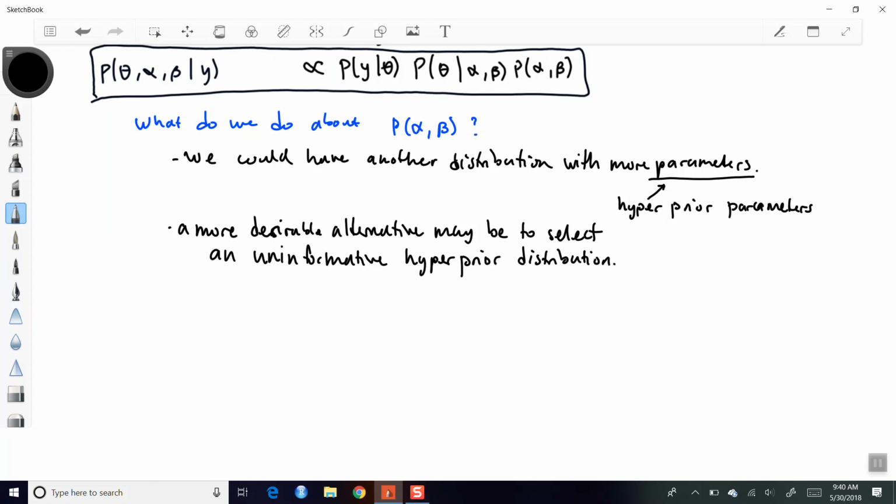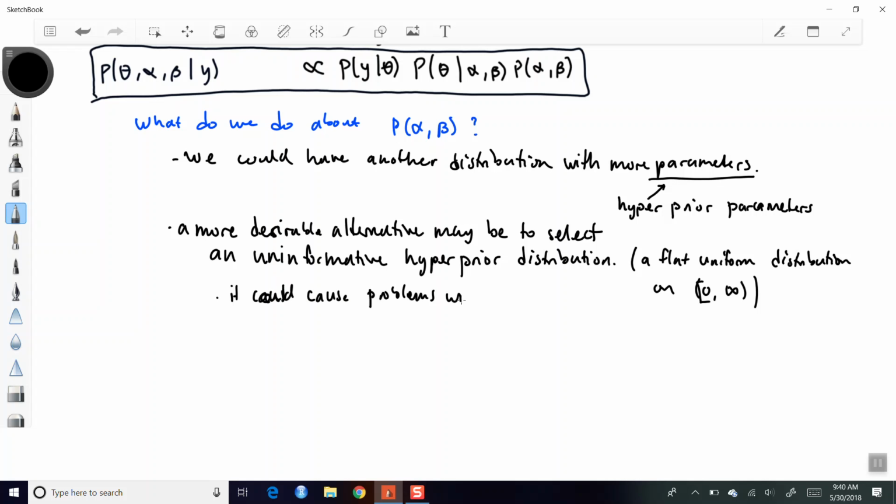So maybe we select an uninformative prior distribution, a flat uniform distribution on 0 to infinity. It could cause problems with unboundedness, but this is what we have.